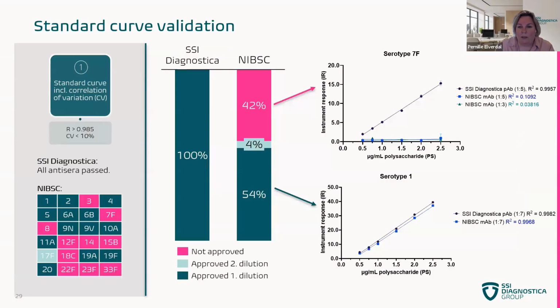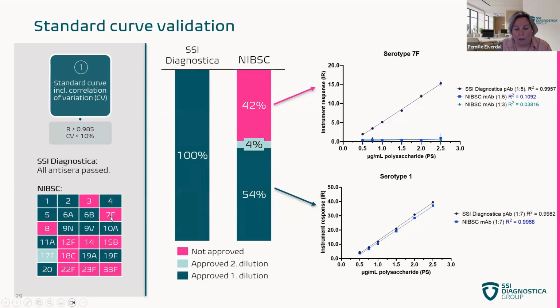So first we looked at the standard curve validation, and already here we saw that some of the antibodies were not performing. We had the SSI Diagnostica polyclonal antibodies, which were all fit for purpose and passed the standard curve within the acceptance criteria. But with the monoclonal antibodies, we saw that 42% of them were not able to produce stable standard curves.